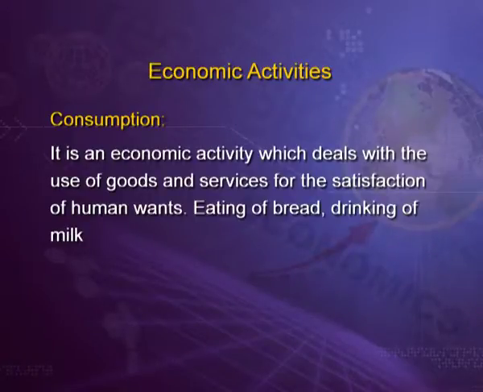How? Because it deals with the use of goods and services for the satisfaction of human wants. For example, if I am eating bread, that means I am consuming bread. If a person is drinking milk, he is consuming milk.